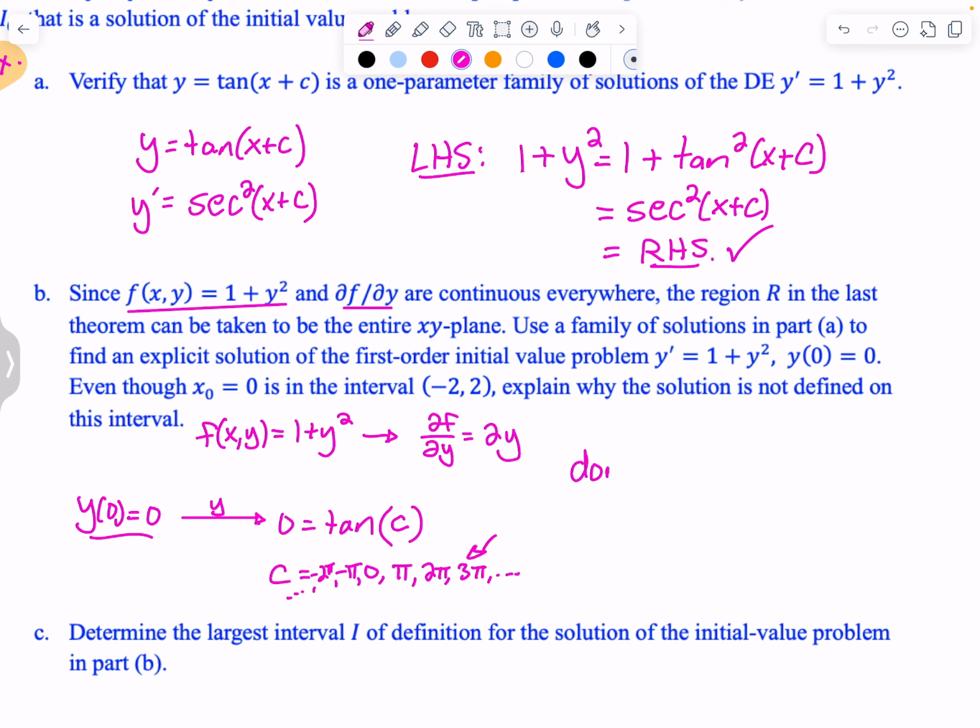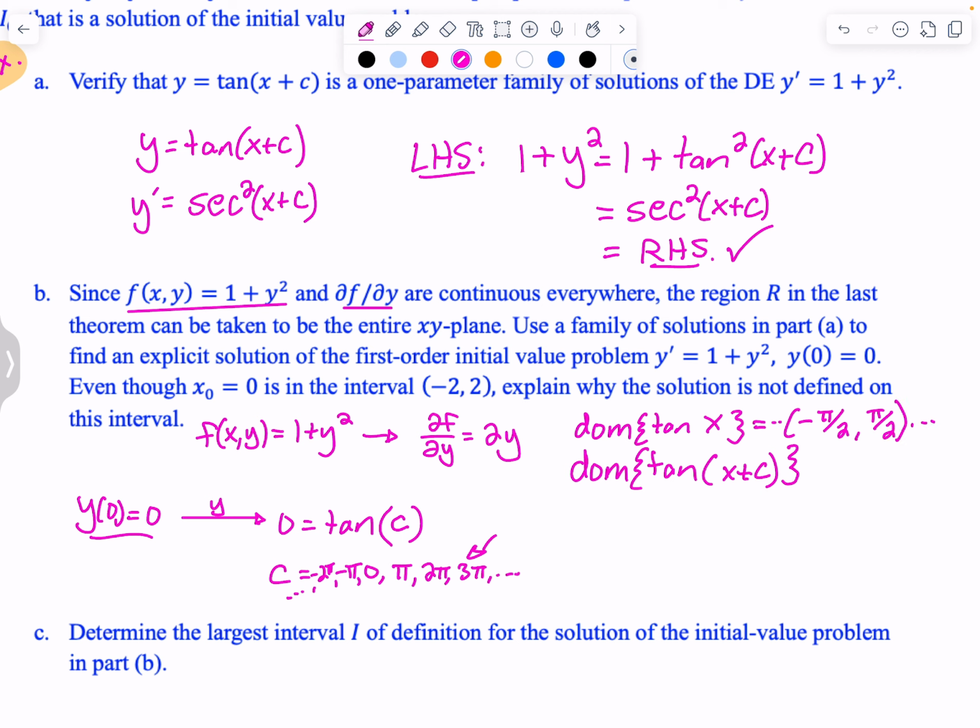So I'm going to put domain here, the domain of tangent of x plus c. Normally, let's write the domain of tangent, just of that.